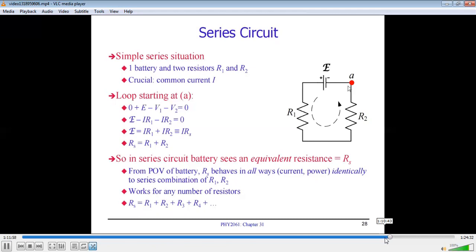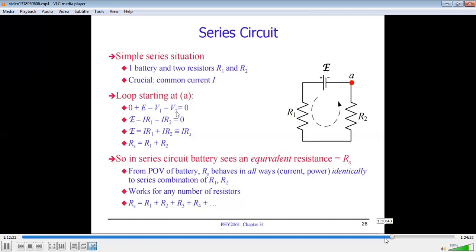At this point we can give 0 plus E, meaning the movement of electric current from the positive terminal to the negative terminal. This is why E minus V1 and V2, the potential differences across the first and second resistors. So E minus IR1 and IR2.